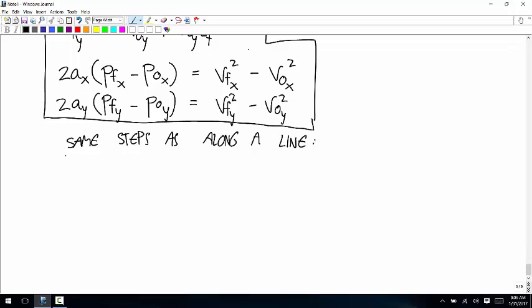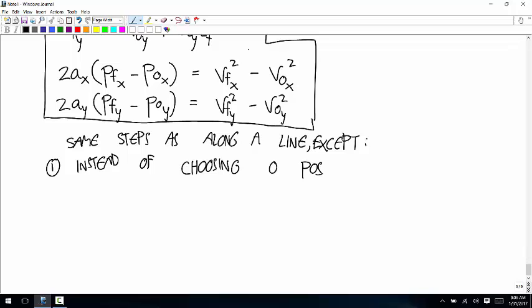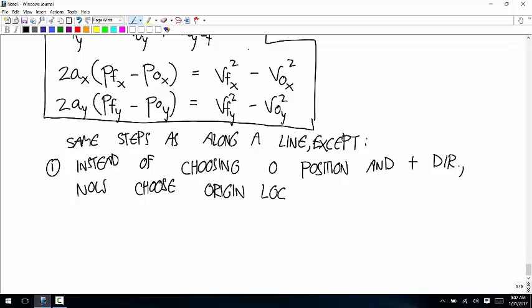The only changes are, except instead of choosing a zero position and positive direction, now we choose an origin location and coordinate system axis orientation.